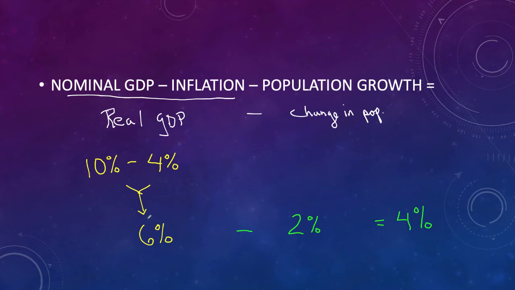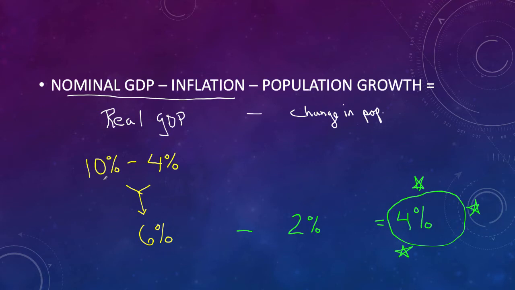When we look at real GDP per person, this is the number we need. When we're looking at economic growth, this is the number we need. We need that real GDP per person. It's this number that helps us to understand how quickly standards of living are changing in a country. Now, 4% to 6% and even up to 10% may not seem like that big of a deal.